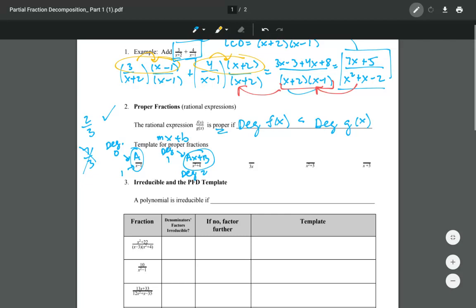Next, we've got a degree 1 denominator. So we need a degree 0 numerator, and this is just going to be a capital letter for that number. Here I've got a degree 2 denominator, so I need a degree 1 numerator. It would be y equals mx plus b, but instead I'm going to use Ax plus B. And then last but not least, this guy is degree 1.